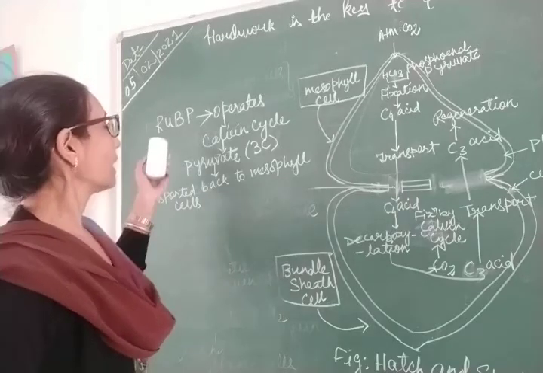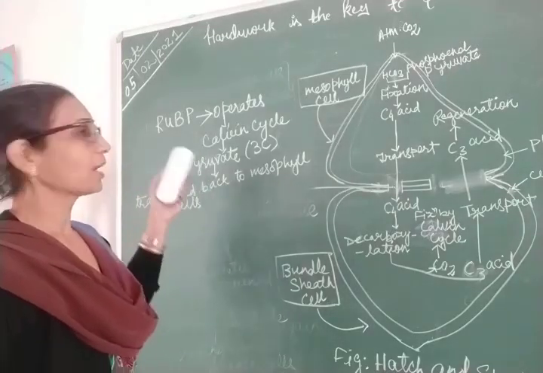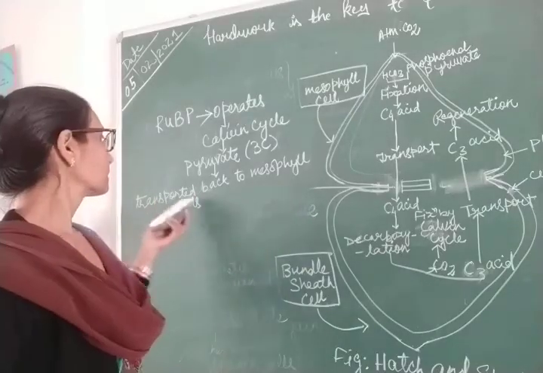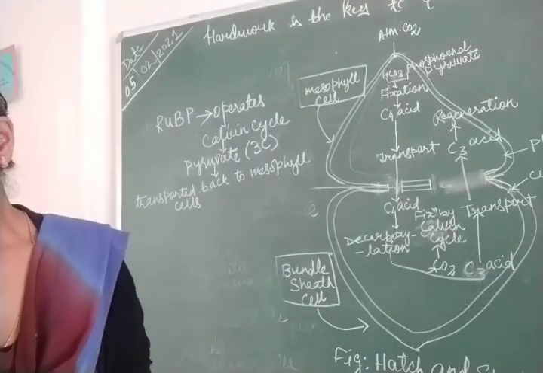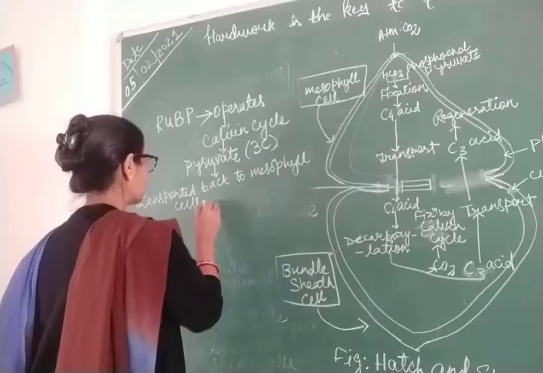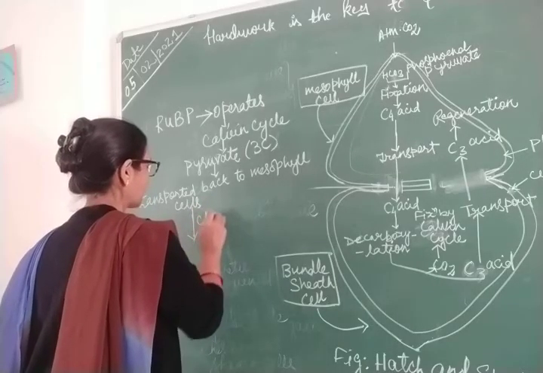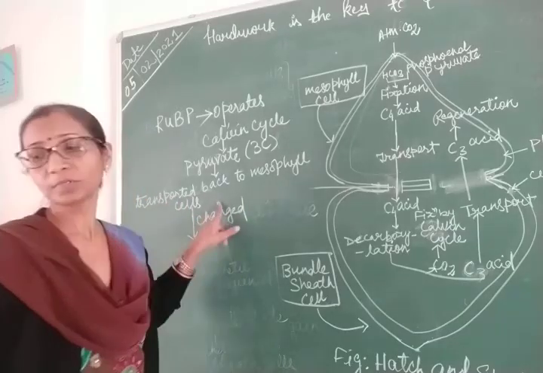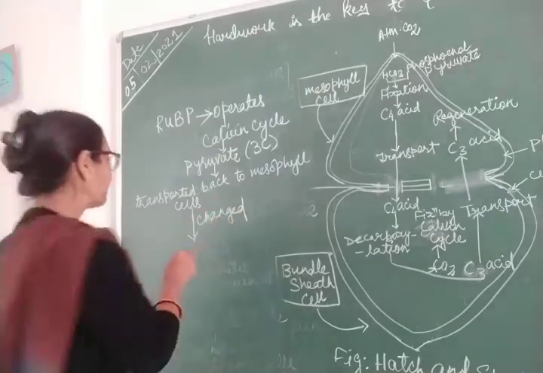When they come back to the mesophyll cells, they get converted so that the PEP cycle continues.